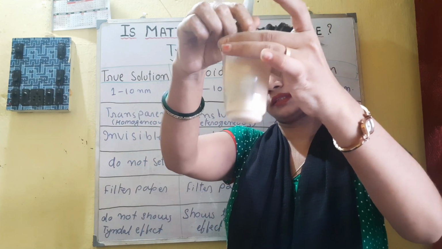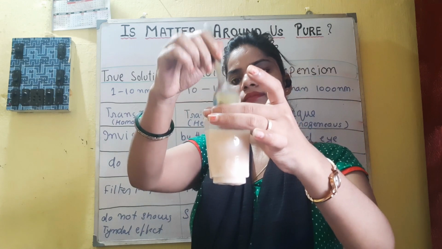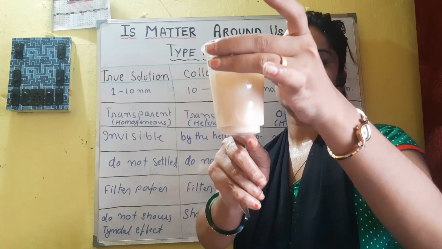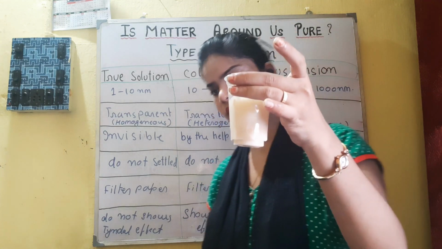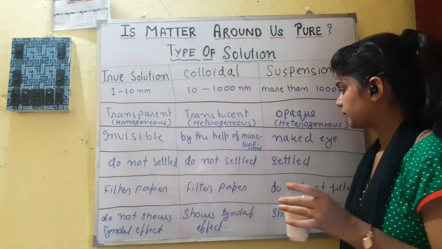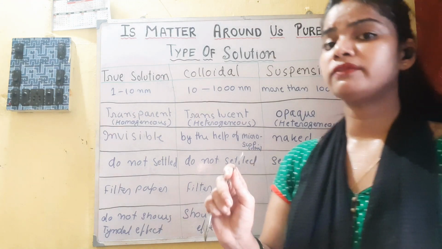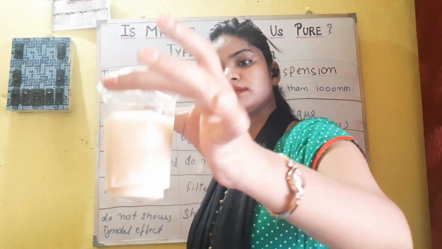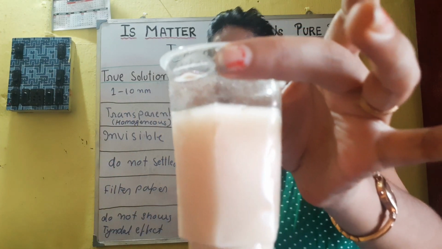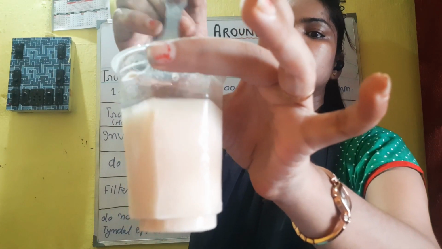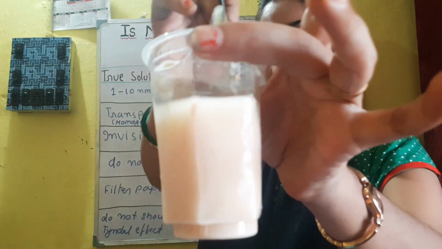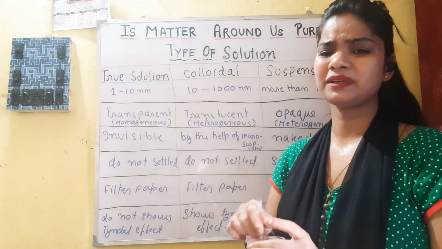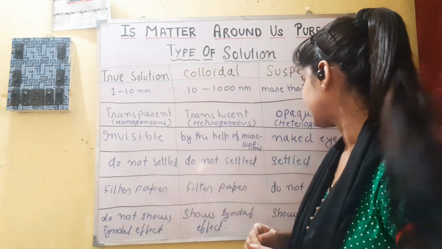If we stare at it continuously, you can see that it's completely opaque. We can't see through both sides. The particles can be seen by our naked eye. See, is it visible? The particles here are attached to the body of the glass. Can you see the particles? Yes, they can be seen by our naked eye.